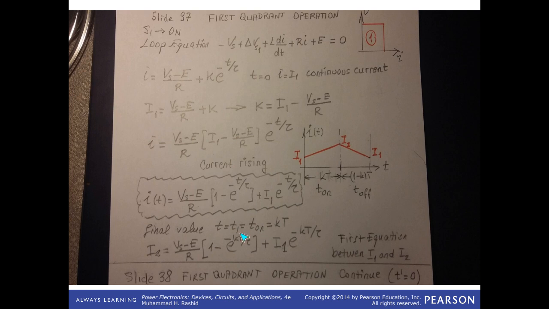The book shows it as t1. Mohammed Rashid reflects that one as T on, t1. But I prefer to write here T on, which is equal kT. So if you replace time with kT, then you are going to obtain I2 here. I1 and I2. So this is the first equation between I1 and I2. Okay? Is it all right so far?